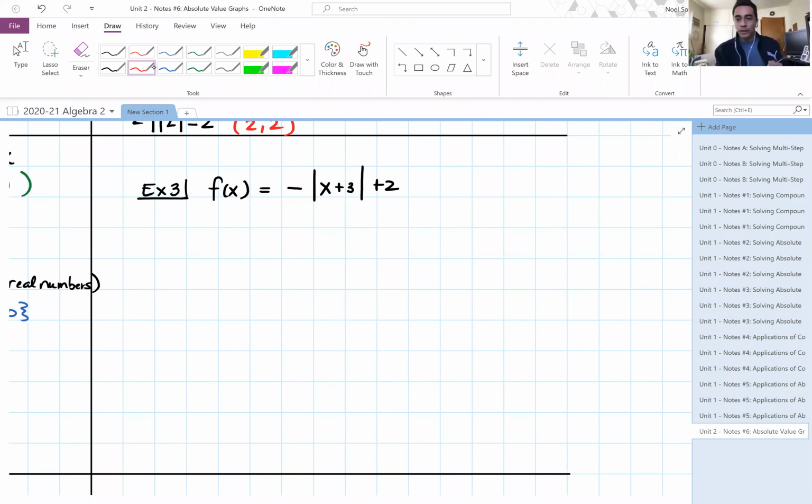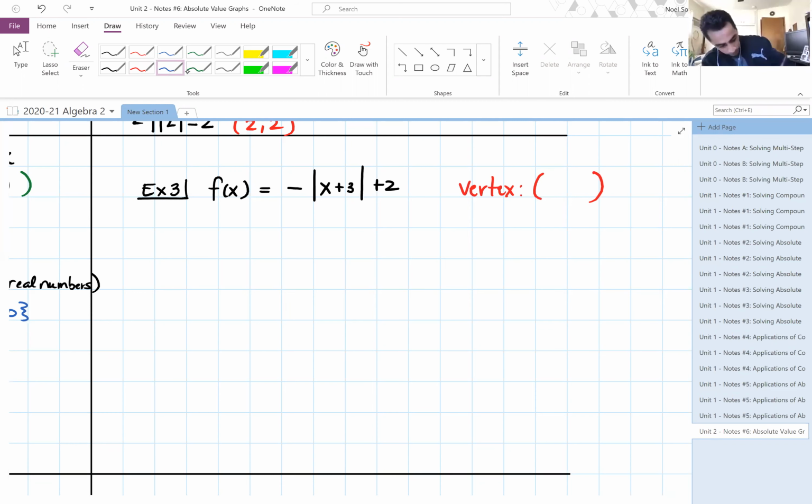Okay, what's the first thing we find? Vertex, yes. Vertex, most important point, okay?